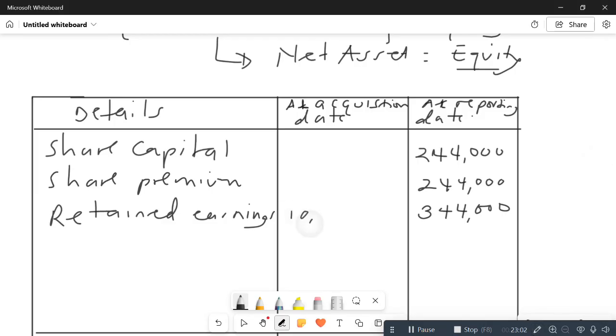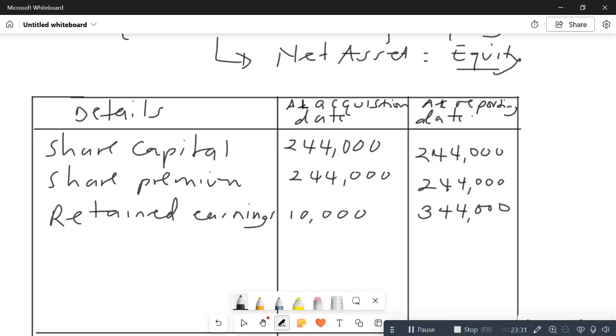But for share capital and share premium, no information given in additional information, we take the assumption that it's still 244 even here. You see now, we have retained earning at acquisition and at reporting date, the share capital at acquisition and at reporting date, even the share premium.